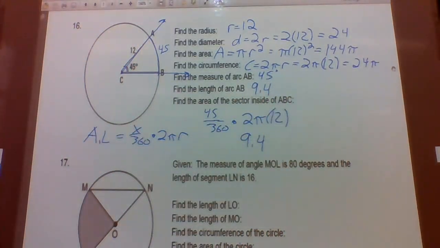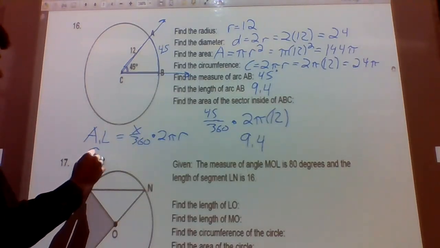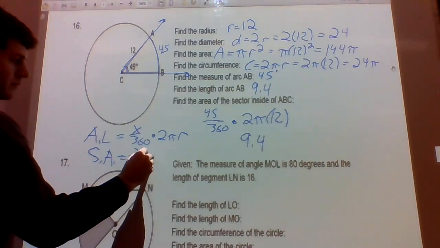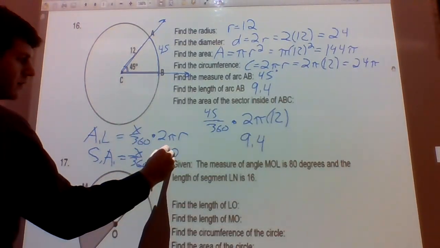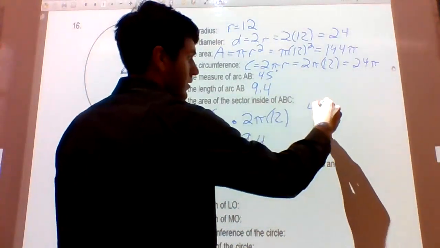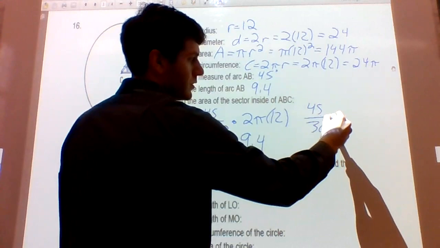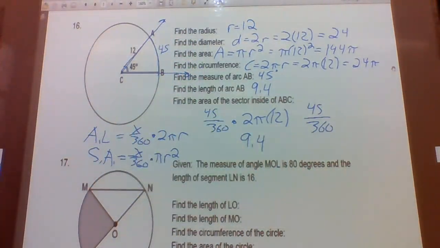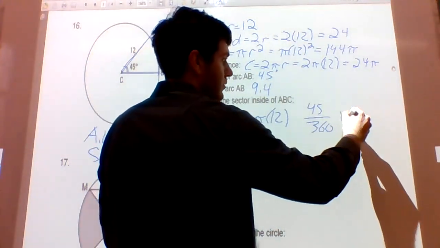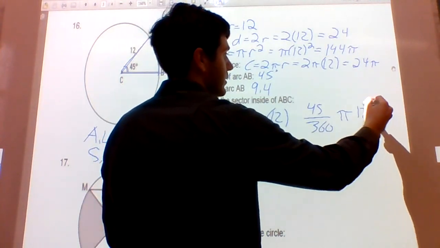Then the area. We're taking our equation for sector area, which is x over 360 times pi r squared. Our arc measure is 45, out of 360 degrees for the whole circle, so we're only looking at 1/8 of the circle. The area of the entire circle is pi r squared, so pi times 12 squared.